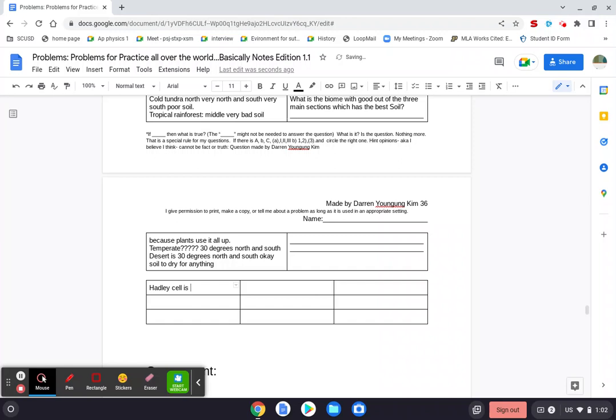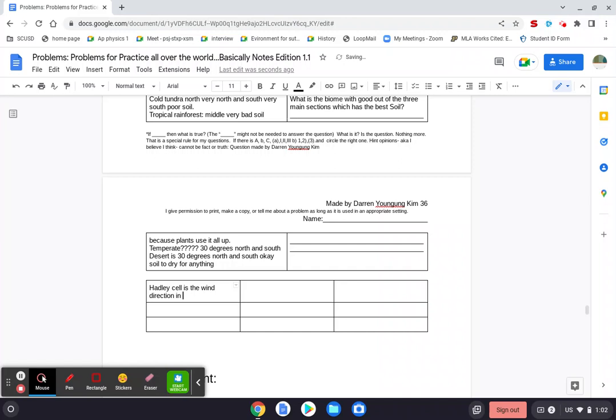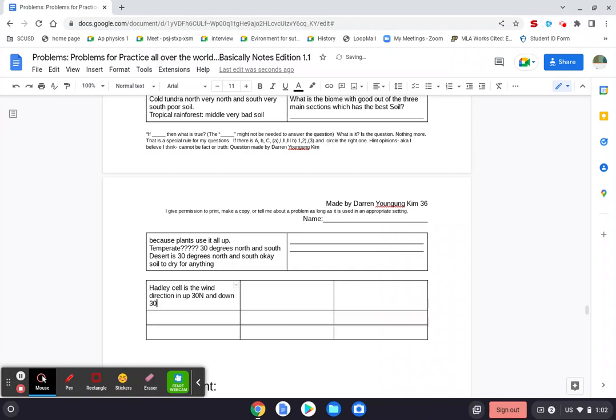The cell is the wind direction in up 30 north and down 30 south, which, I forgot, it helps with the effect of the... which helps with the Coriolis effect.